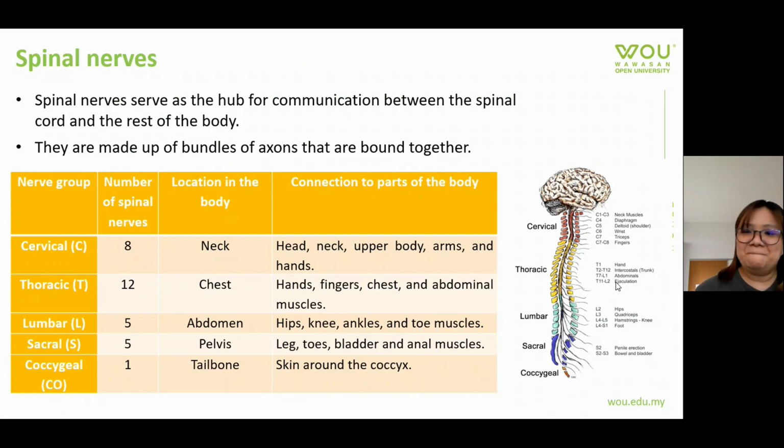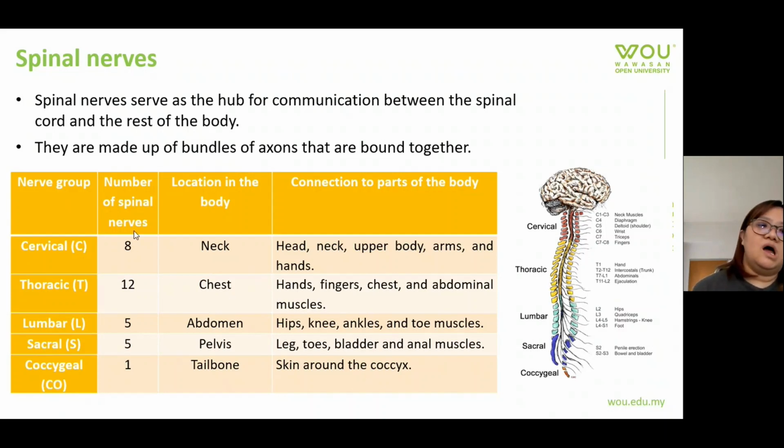Along the line, we have different sections of nerve groups in the spine: the cervical, thoracic, lumbar, sacral, and coccygeal.